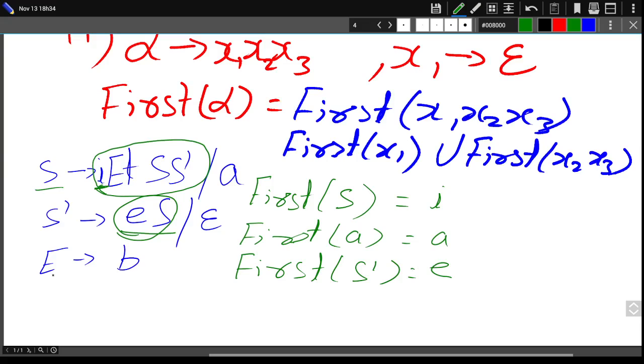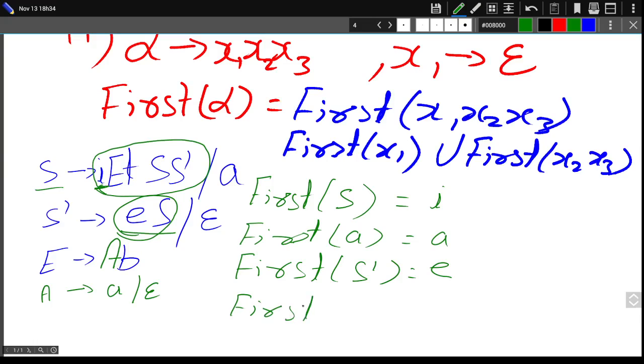If here suppose for E we have AB, and this A gives A or epsilon, okay. In that case, if we are trying to find first of, suppose E, first of E will be first of this part AB. This will be first of A only.